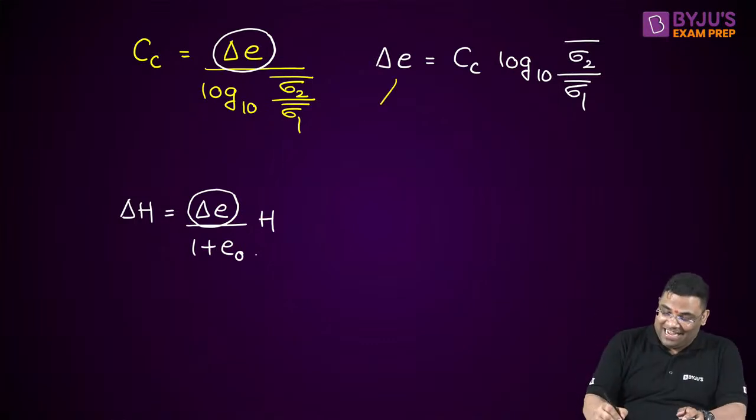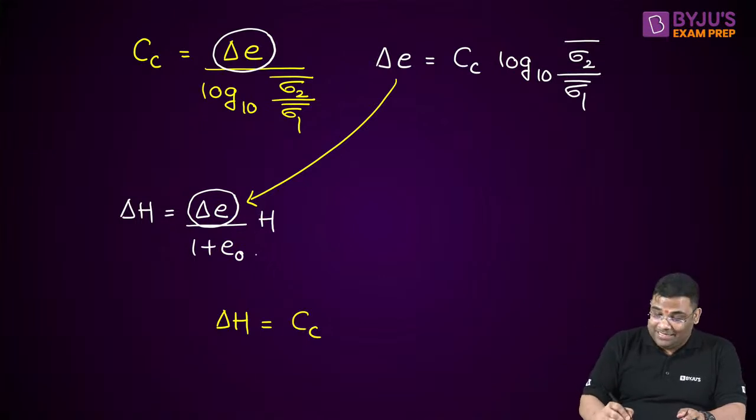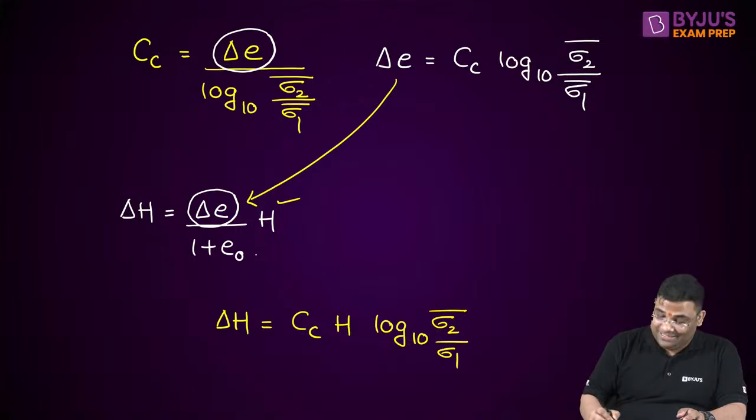And this delta e I will put here, and I get this beautiful equation which we use a lot of times in our consolidation settlement calculation. This H will come into picture. So Cc into H log 10 sigma 2 dash by sigma 1 dash, divided by 1 plus e naught.